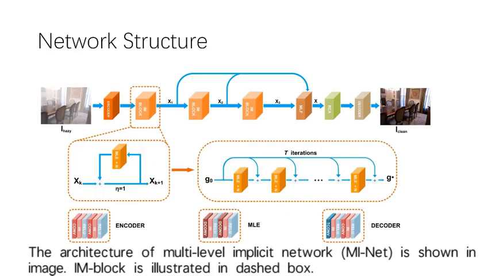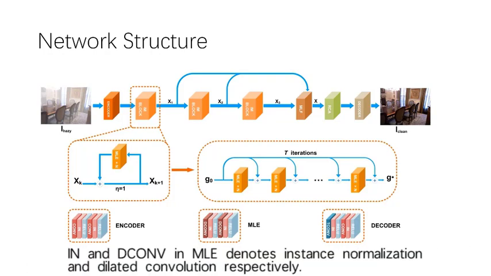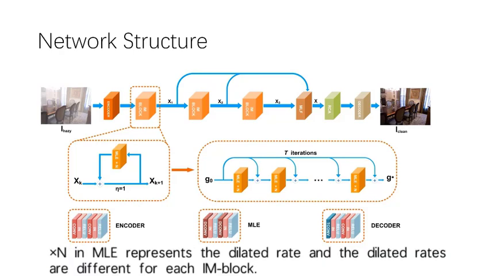The architecture of the multi-level implicit network is shown in the image. IM-block is illustrated in the dashed box. IN and DCON in MLE denote instance normalization and dilated convolution respectively. Times N in MLE represents the dilated rate, and the dilated rates are different for each IM block.